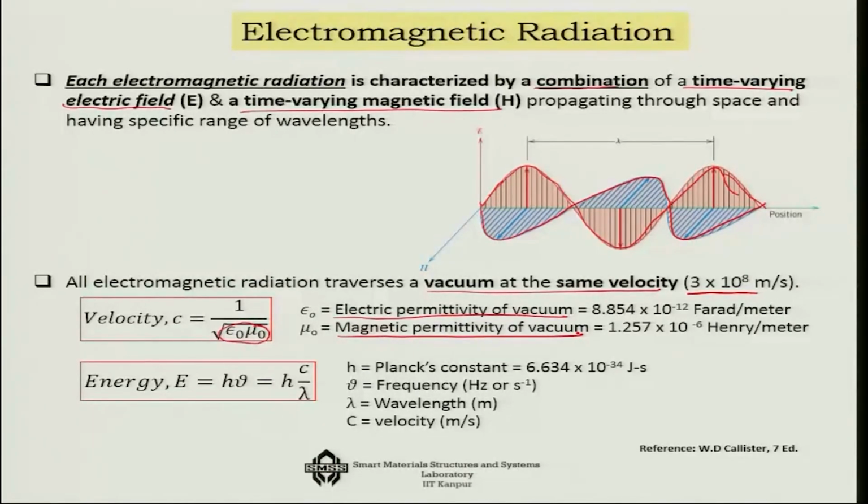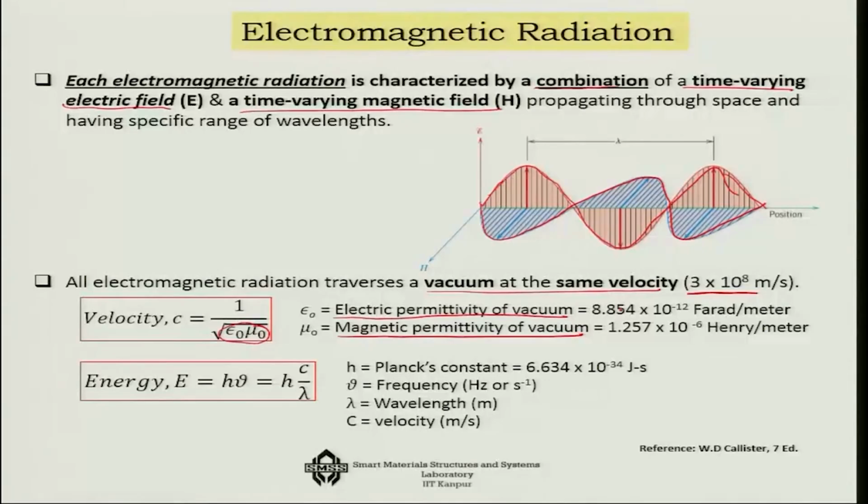So, this is interesting. What it means is that if you consider a particular medium in which you have high electric permittivity but low magnetic permittivity, it is the product that would matter, and that would determine the velocity of the electromagnetic wave in that particular medium.